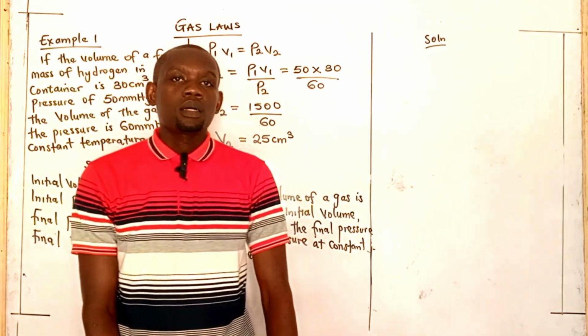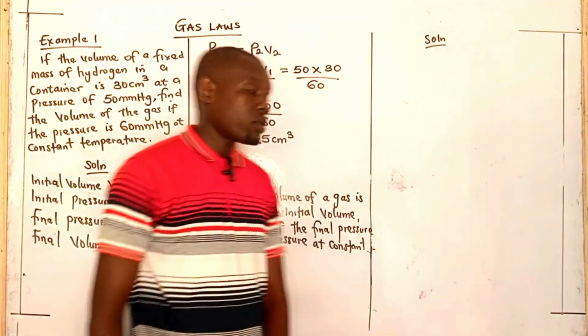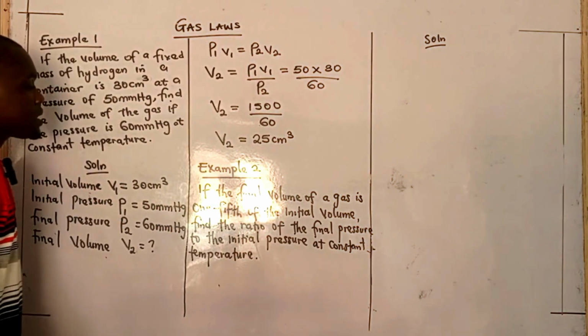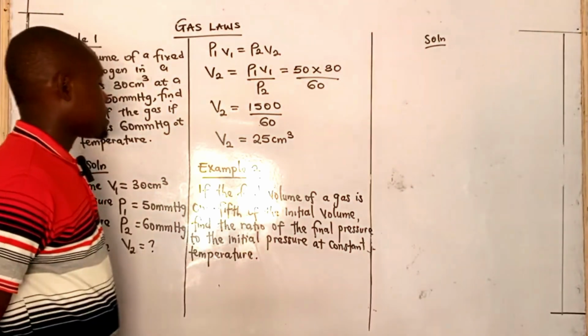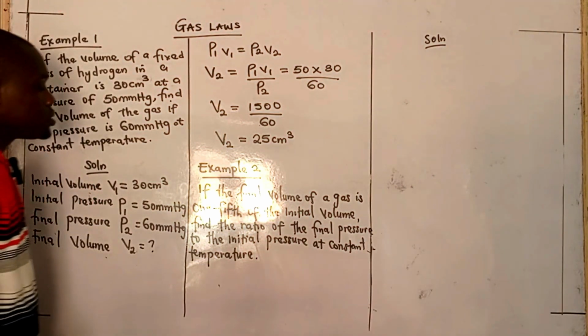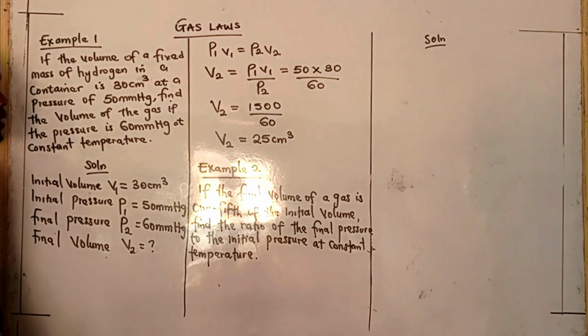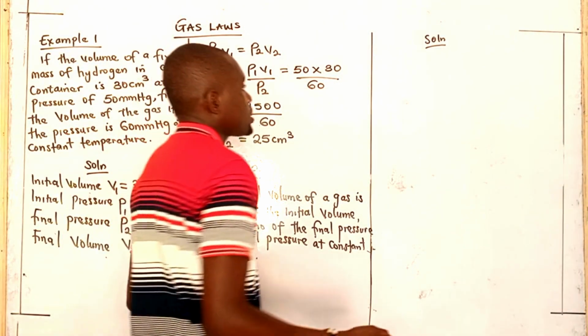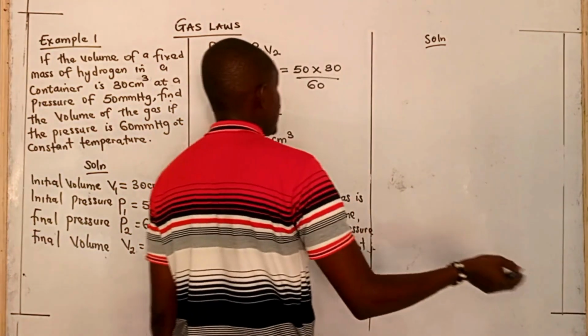All right, let us look at the second question on the board. We're told that the final volume of a gas is 1/5 of the initial volume. Find the ratio of the final pressure to the initial pressure at constant temperature. Now, the first thing we need to do is collect our data.